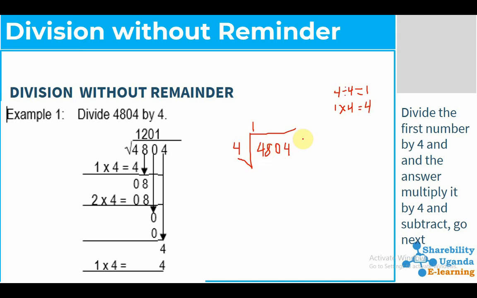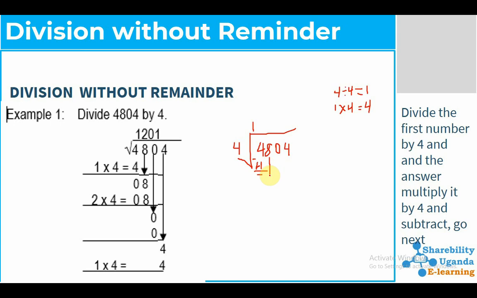So when we get a 4 here, we bring our 4 here. Then we subtract these numbers. 4 minus 4, you remain with 0. So that number is done.